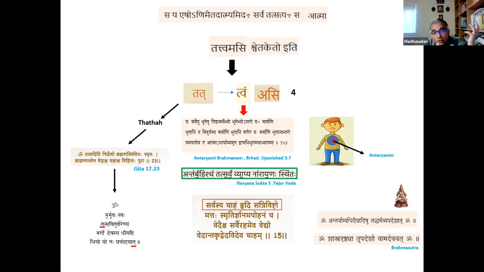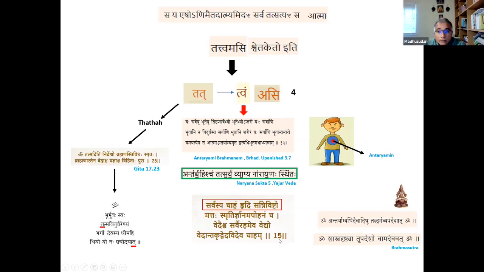The same one who is outside is also inside you, exactly what the Narayana Sukta has said. Who is inside you? Your Antaryamin. So if you look at the verse in that direction, it is talking about the Antaryamin. This same Tat is also Tvam Asi, inside you as your Antaryamin.